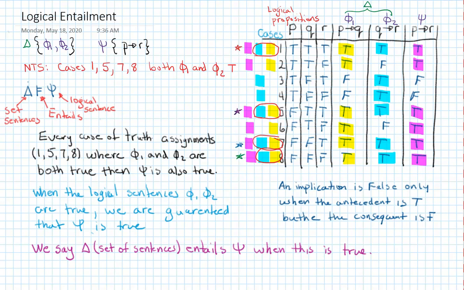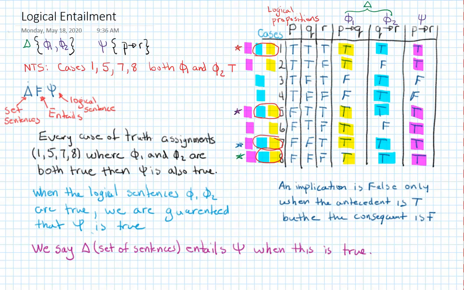What are students going to struggle with? Well, some students will struggle with, hold on, in case 2, psi is true, but delta is not true, so doesn't that disprove this? No, it doesn't. You'll see that that's a stronger requirement when we define another concept, logical equivalence, but we're not to that yet.